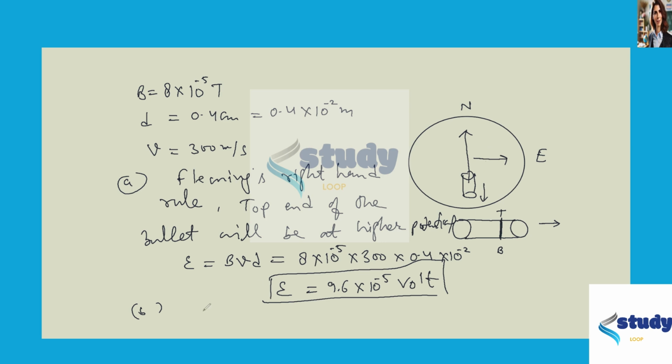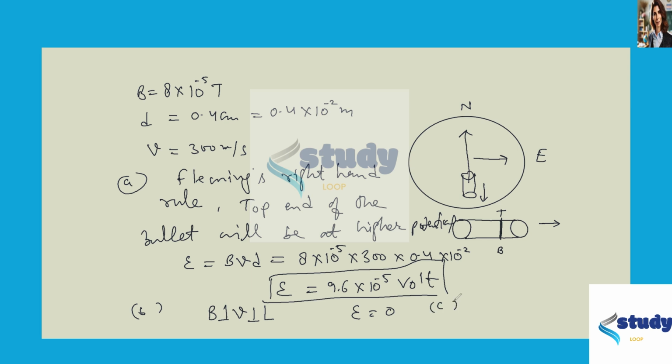So we know the condition for motional EMF is that the magnetic field, the velocity, and the length of the conductor, all three should be exactly perpendicular to each other, not even anti-parallel. Here the velocity is anti-parallel to the magnetic field, so the induced EMF will be 0.